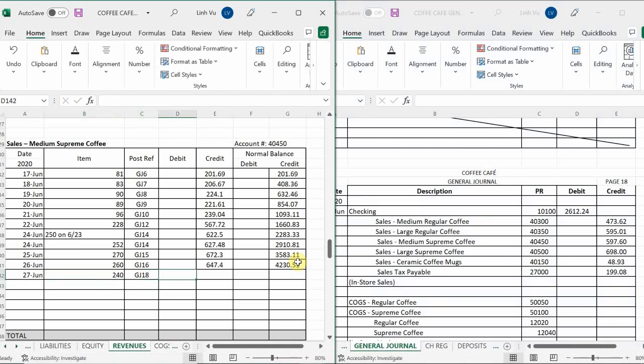Okay. At a grand total of $597.60. So what's my ending balance in my sales for the medium supreme coffees?